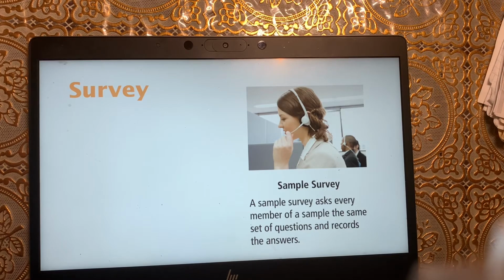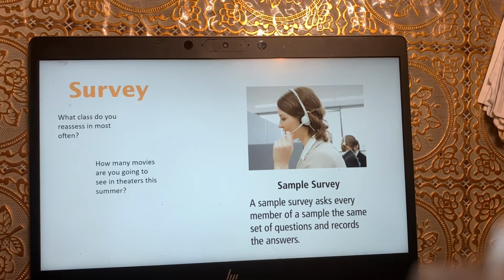The third way of conducting a statistical study is a survey, a sample survey. A sample survey asks every member of a sample the same set of questions and records the answers. For instance, if you want to know what class students attend most often, you can ask students about that.